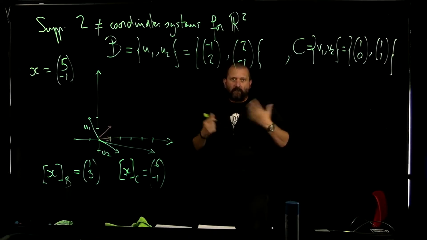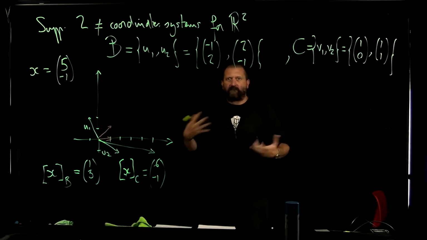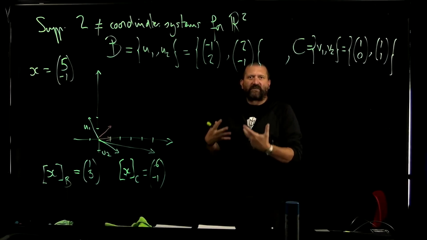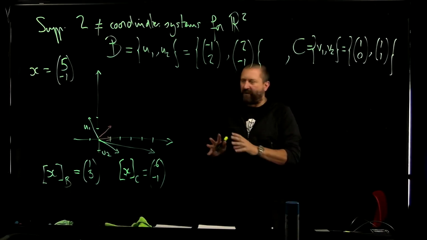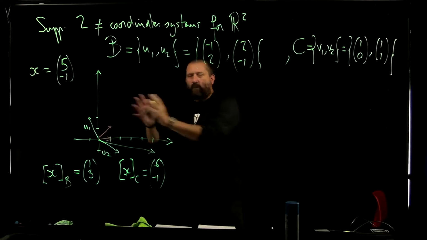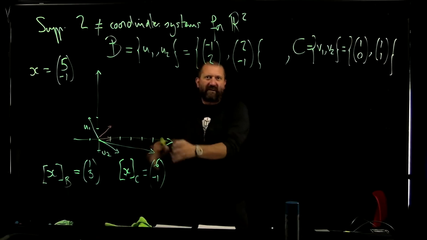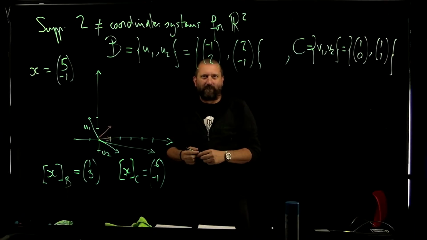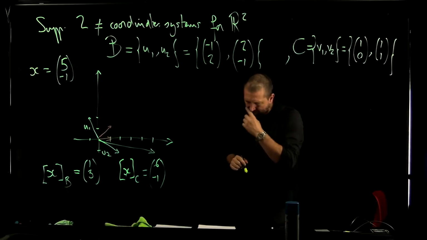And now the question that comes up in this context is, what is the change of basis matrix that allows me to express x in one of these bases as a function of where x is expressed before? Okay?